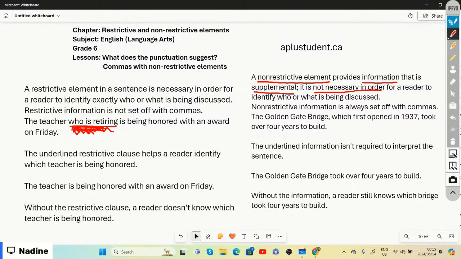So by mentioning who is retiring, this now helps the reader to identify which teacher is being honored without even having to put a comma there to identify who or what is being discussed.